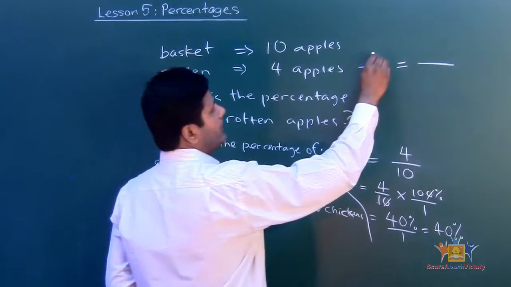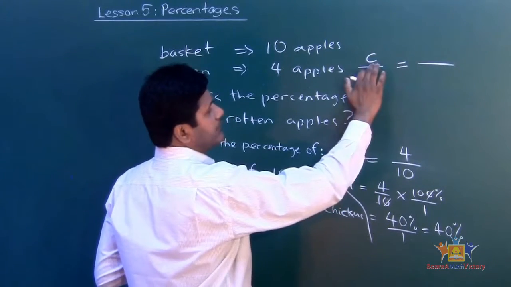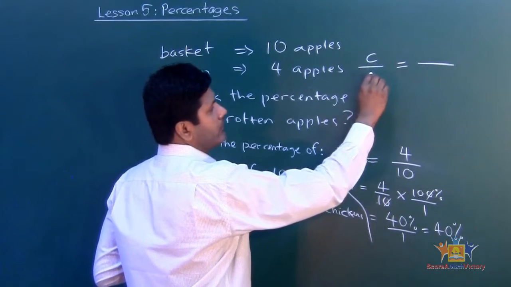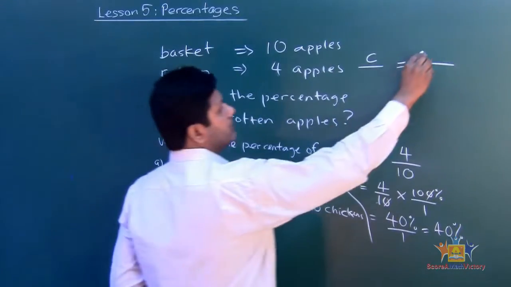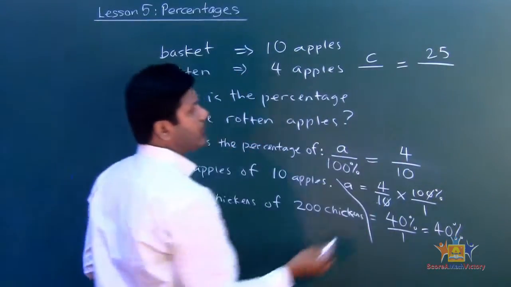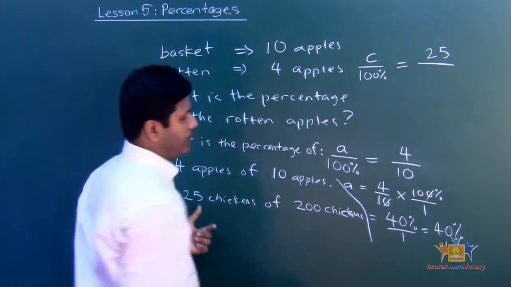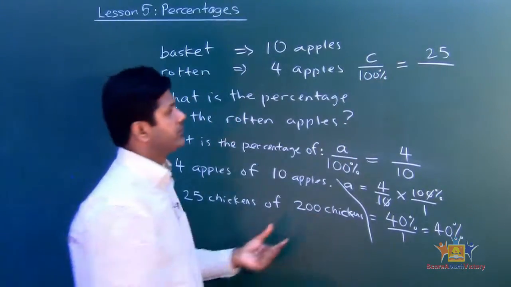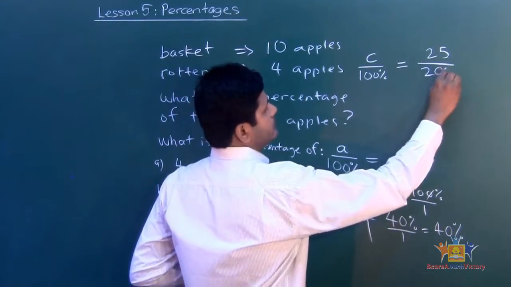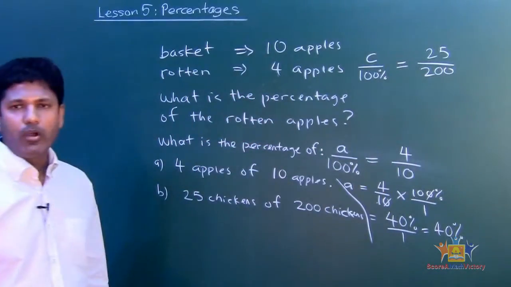So we're going to keep the C, that's the percentage we're looking for, which is 25 chickens. 100%, we're going to put right here. How many chickens? 200 chickens. And you're looking for what?